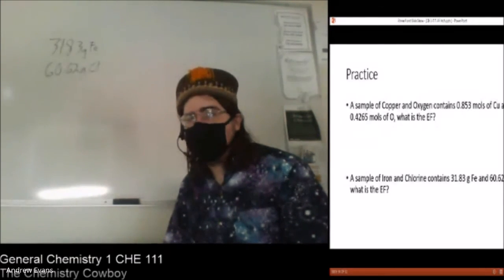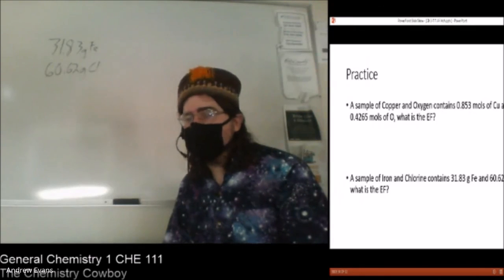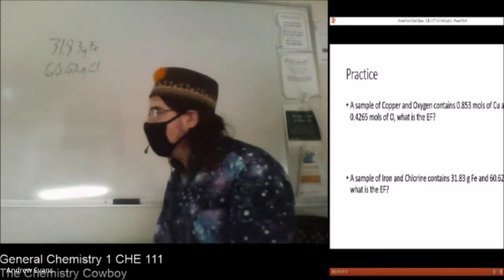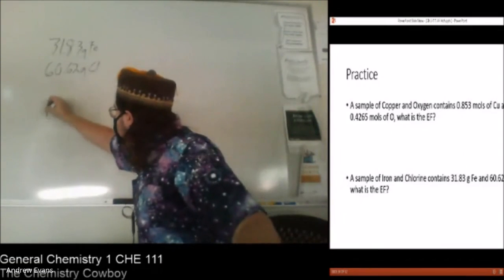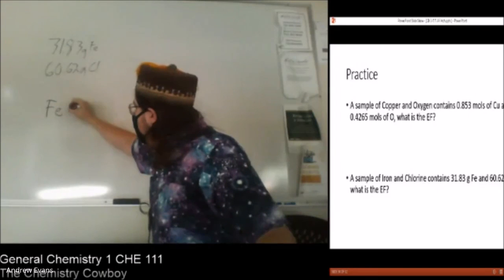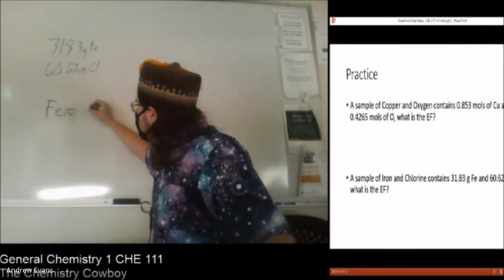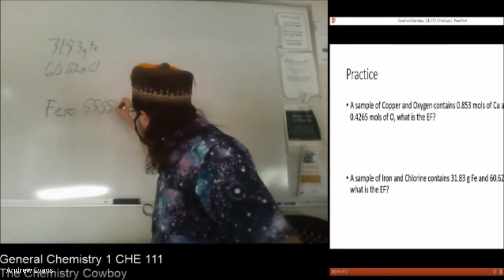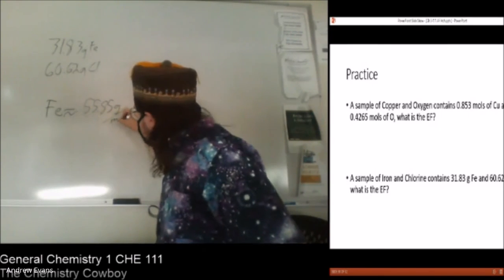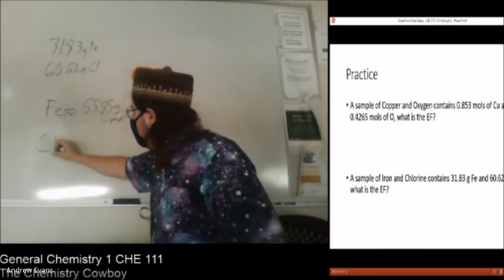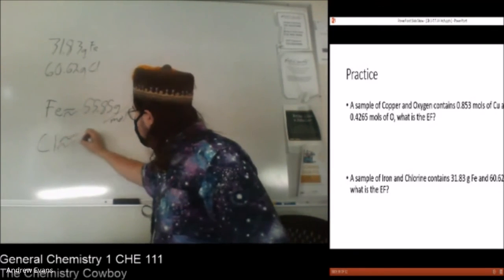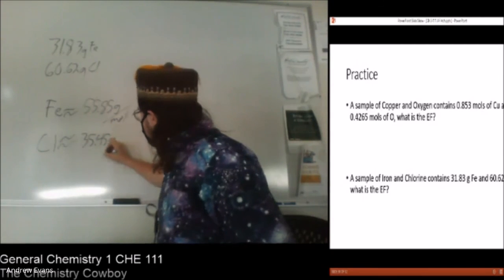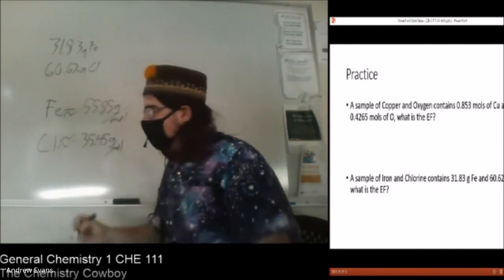What we have to do is turn them into moles. So here's where we have to use the molar mass. Iron, we look at the periodic table, is approximately 55.85 grams per mole, and chlorine is 35.45 grams per mole.